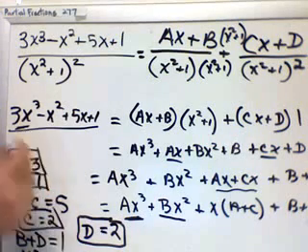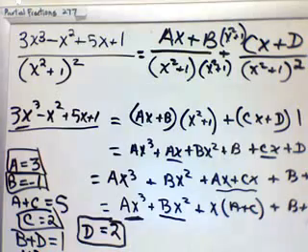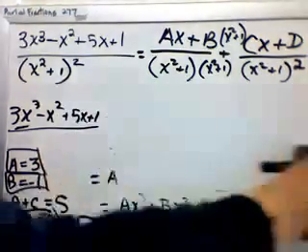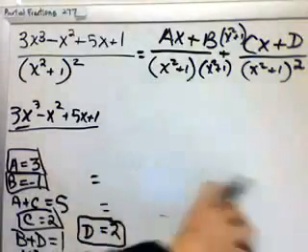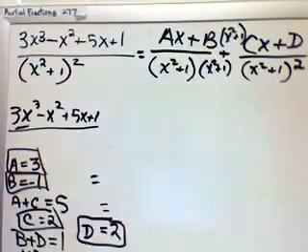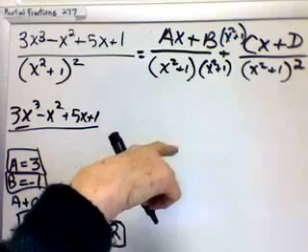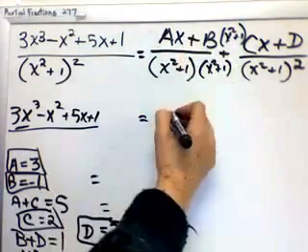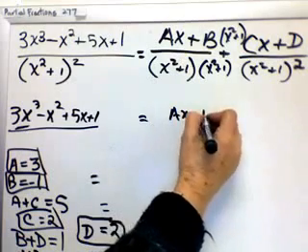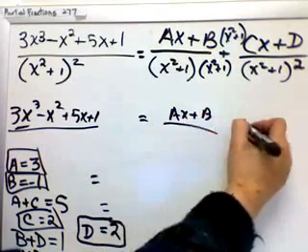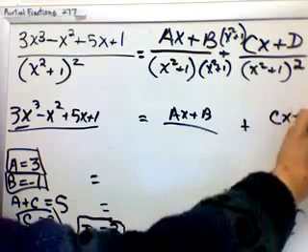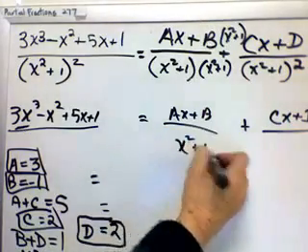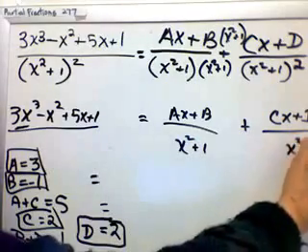So how does this get me to the final answer? Let me erase this work here. You should try to work this problem out yourself and then check my video for the final answer. All right, so originally, before we did the common denominator step, we had ax plus b over x squared plus 1, plus cx plus d over x squared plus 1 squared.